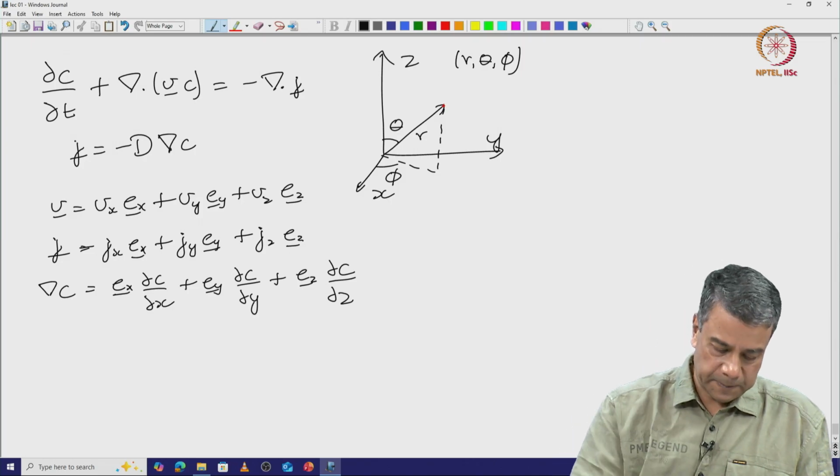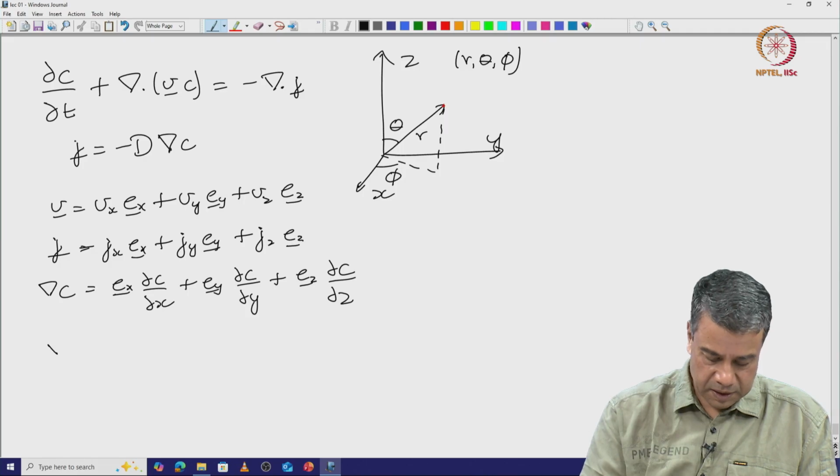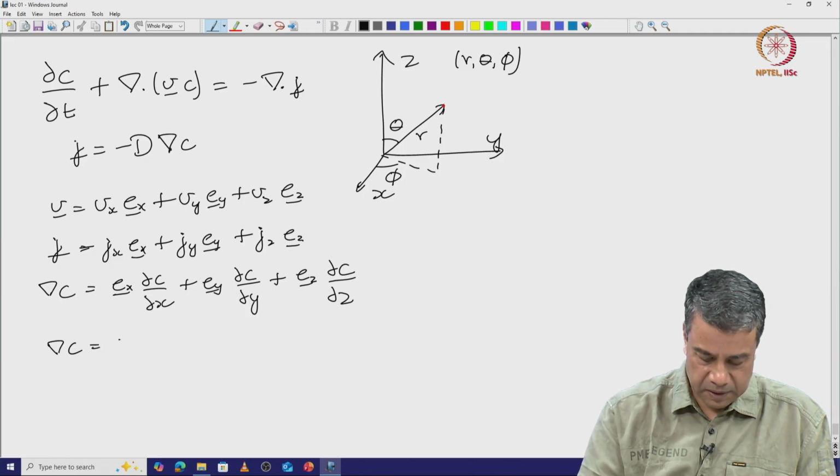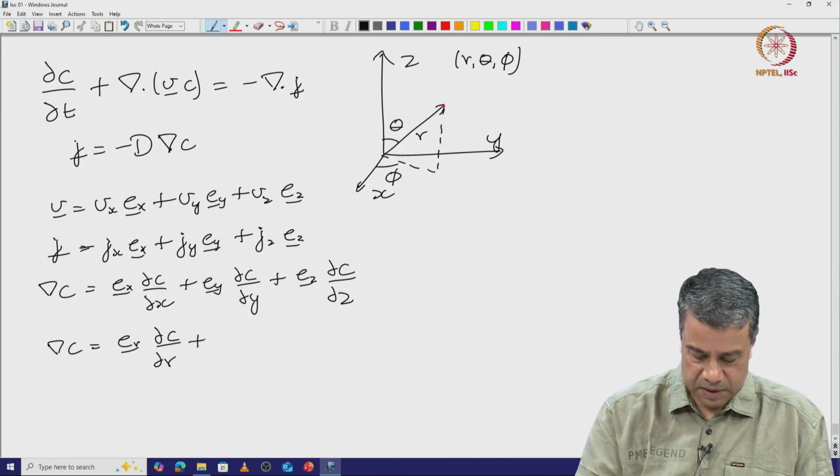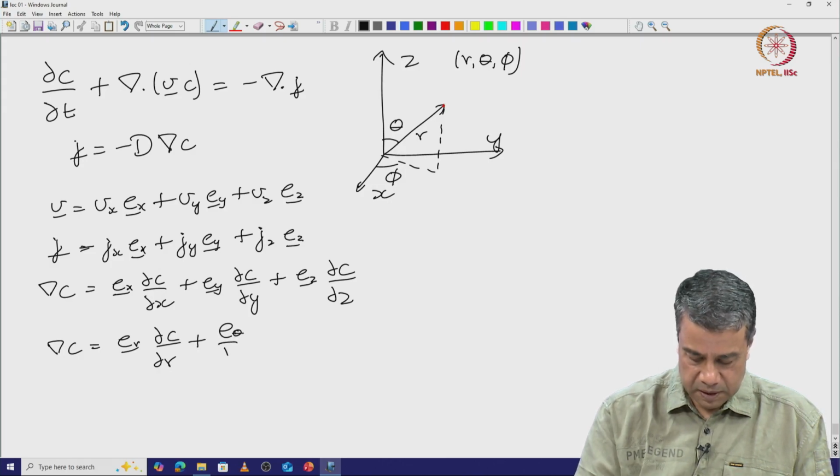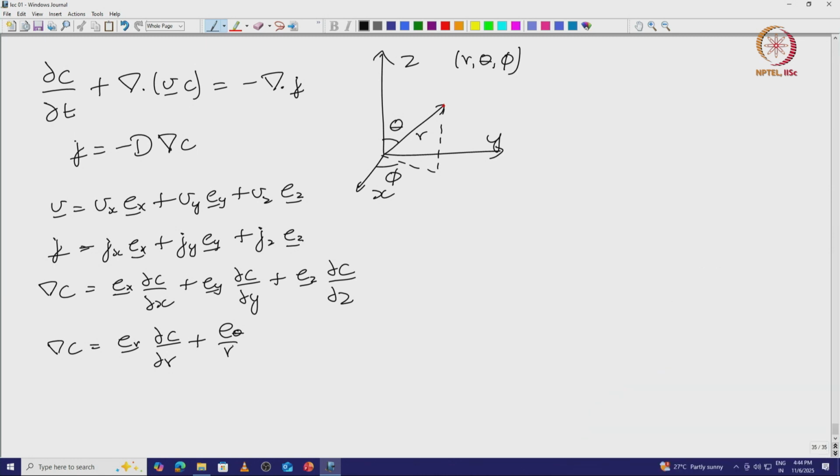So, the gradient of the concentration will be equal to Er times partial c by partial r plus E theta by r partial c by partial theta plus E phi by r sin theta partial c by partial phi.